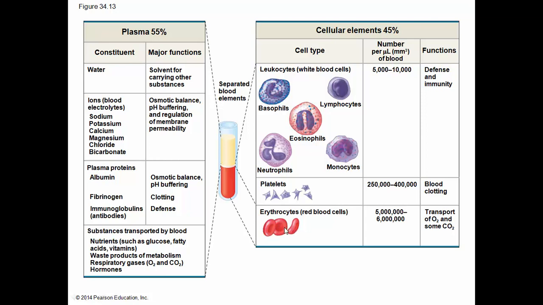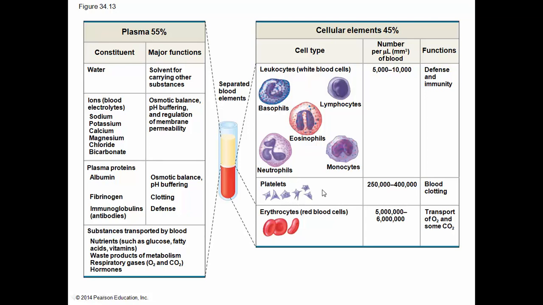Erythro is Greek for red, and these are non-nucleated cells. All of these cells come from the marrow, the bone marrow. The bone marrow produces leukocytes, these white blood cells. There are various different types. Many of them are involved in immune response.